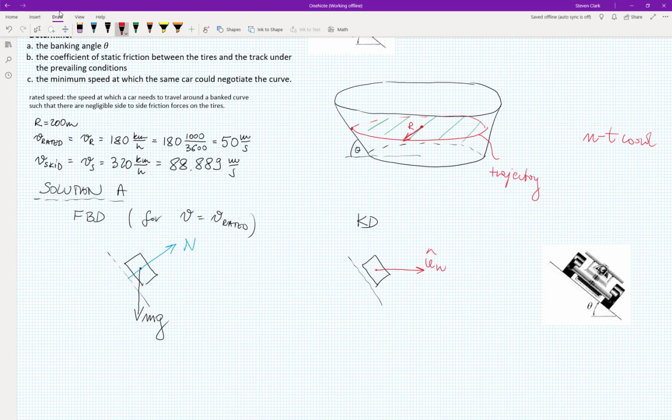Also, I believe that the velocity of that car is pointing out of the board, towards you. So this is our UT. And let's also introduce here the Z direction, so K. With that coordinate system specified, I think that we can draw here MAN, MAT, and also MAZ.